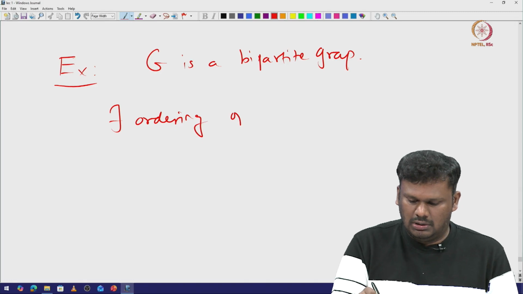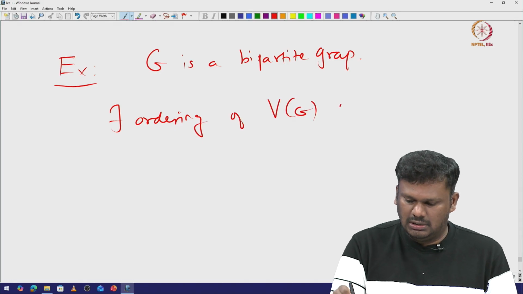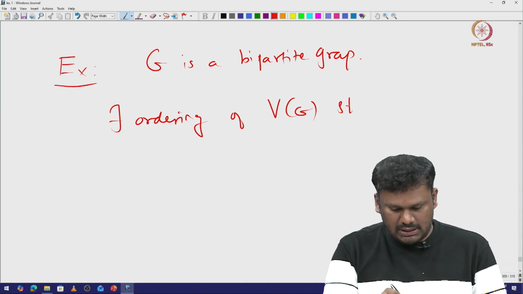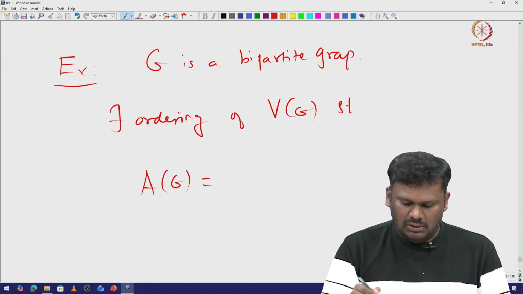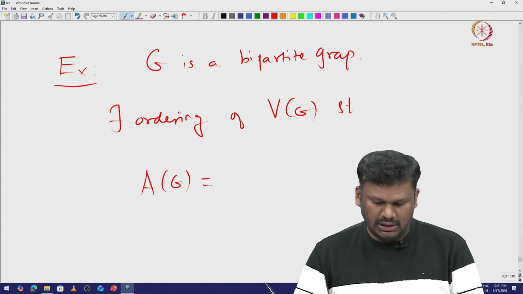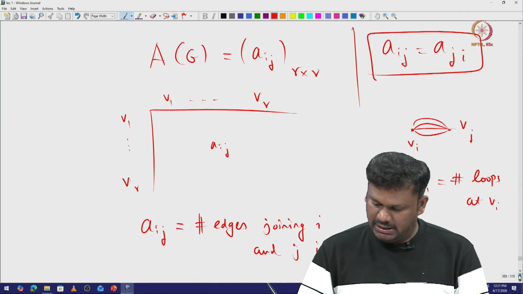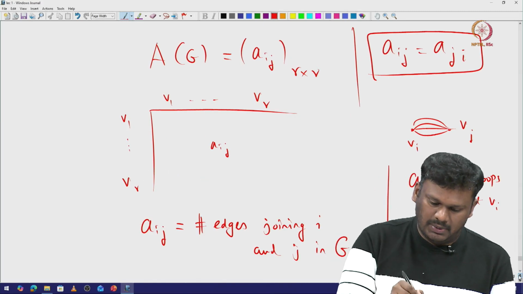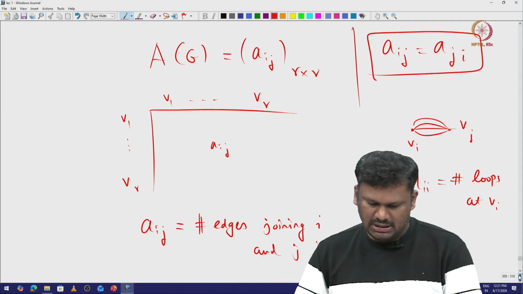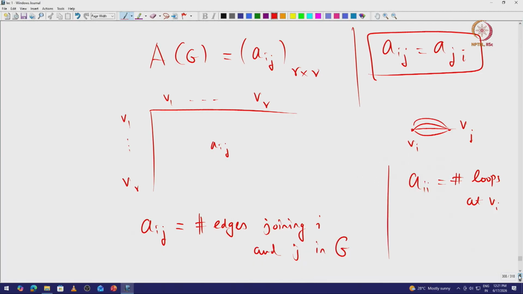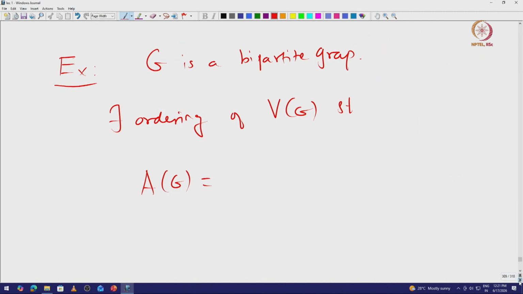an ordering of V(G) such that when you look at the adjacency matrix of G, note that the adjacency matrix and incidence matrix both depend upon the order. Once you change the order, the matrix changes, but the linear algebra tells us it does not matter much as far as eigenvalues are concerned.